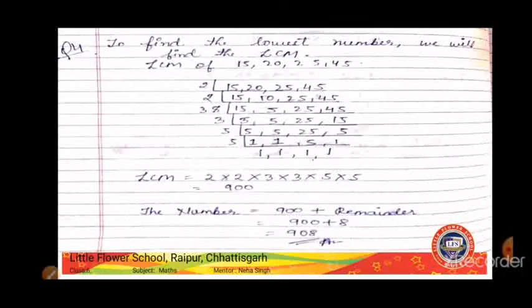We'll find the LCM of all the numbers 15, 20, 25 and 45. Finding the LCM is easy, the numbers are small, you just need to divide and you can find the LCM.